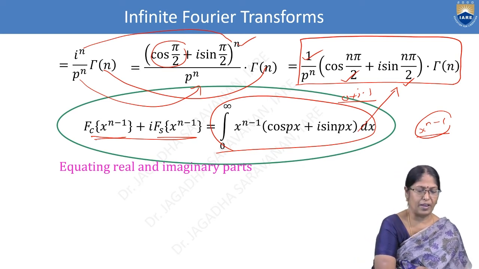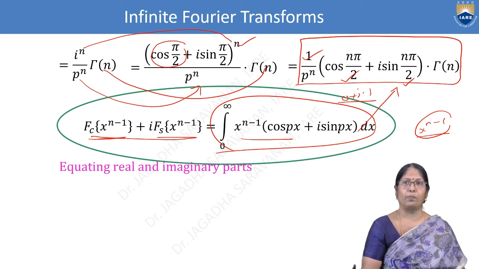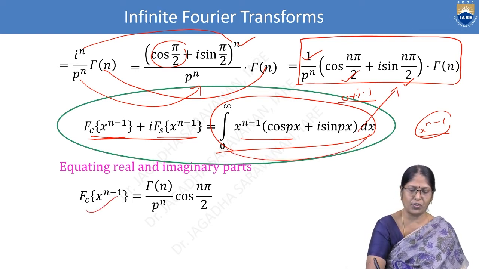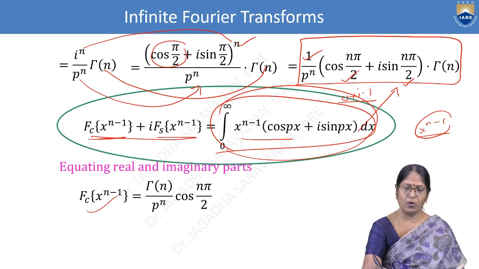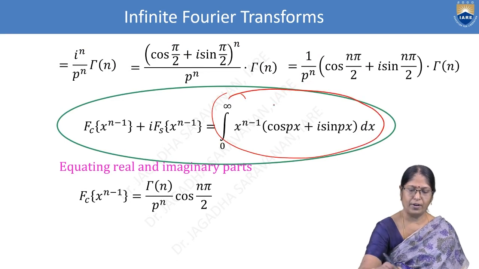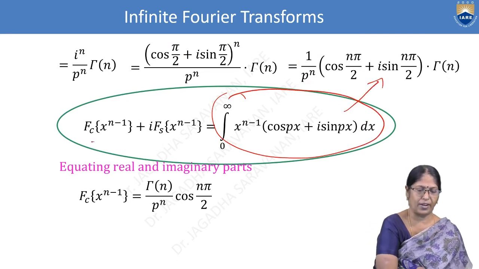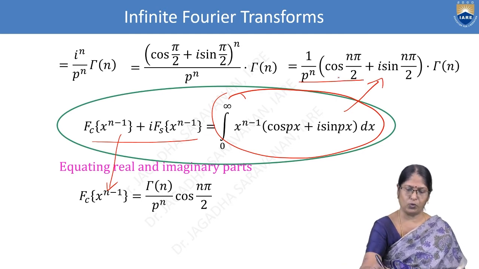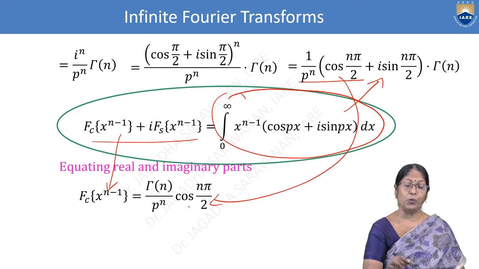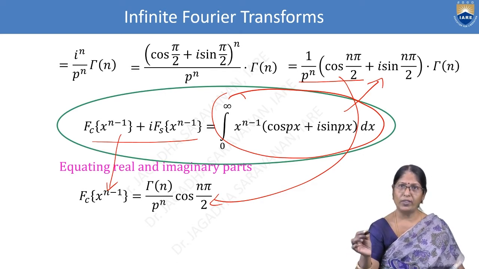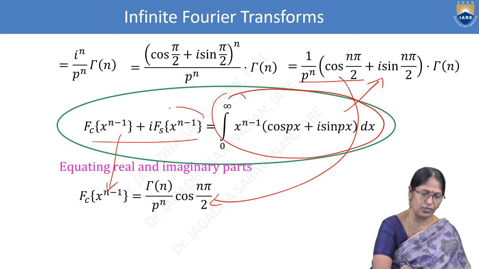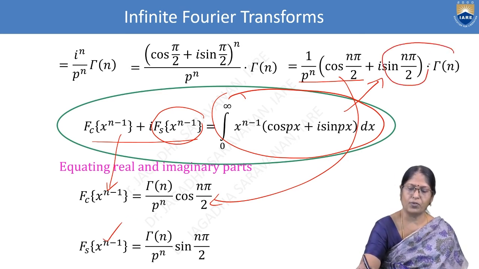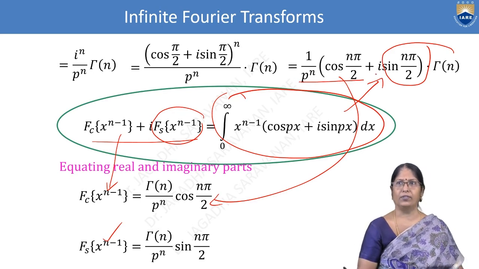The real part, FC of x power n minus 1, is this integration, and the result we already got here. The left side real part is this one, and the right side real part is this one, so we put it here. The imaginary part, with i, on the left side is this one, and here this part is the imaginary, with that i.